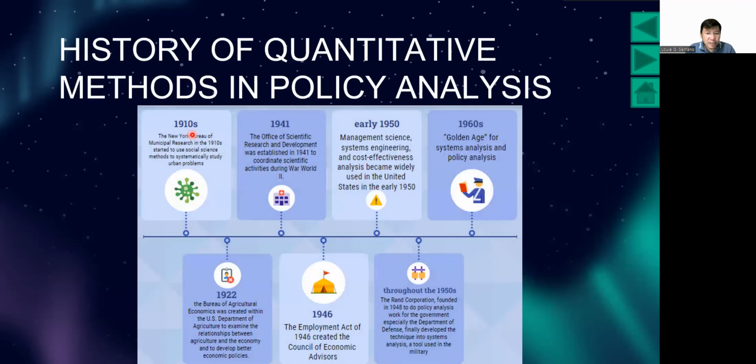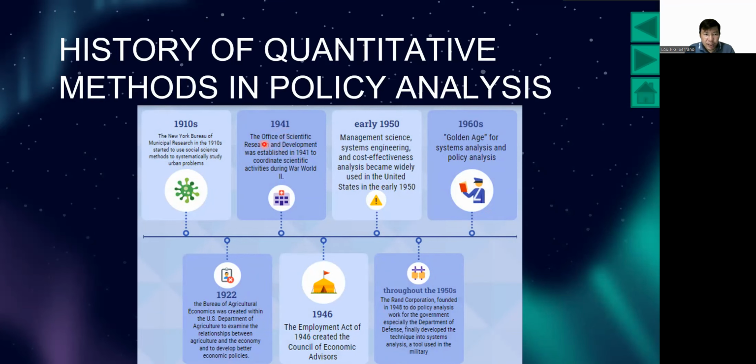So from the history, from 1910s to 1960s. Nagsimula sa 1910s, the New York Bureau of Municipal Research started to use social science method to systematically study urban problems. In 1922, the Bureau of Agricultural Economics was created within the U.S. Department of Agriculture to examine the relationship between agriculture and the economy and to develop better economic policies.